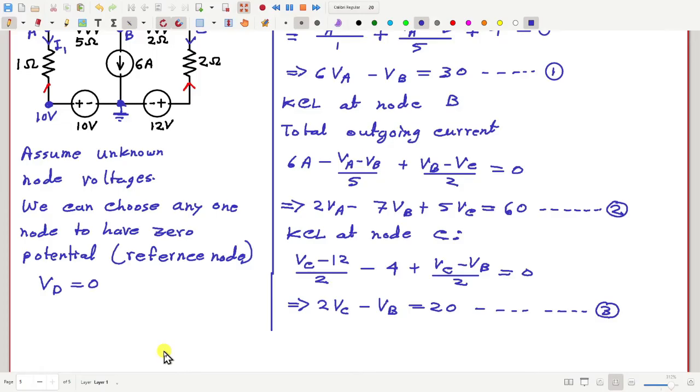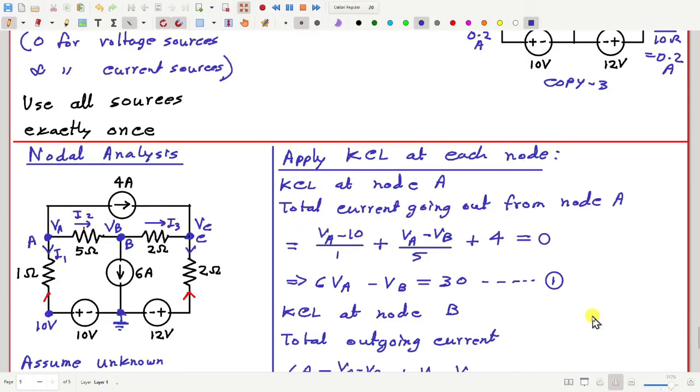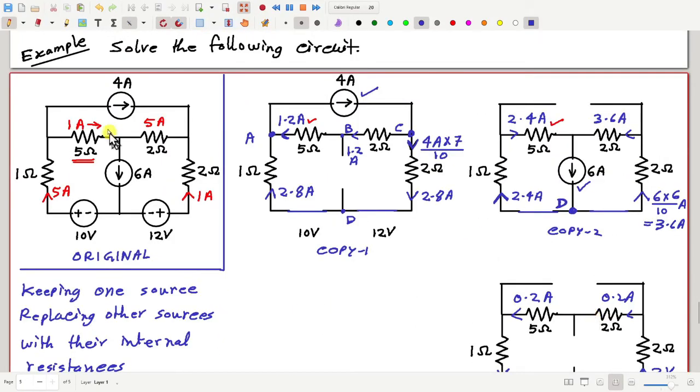Okay, so now we have 3 equations and 3 unknowns. Can you solve it yourself, or do I have to do it? Yes, sir. So solving is your homework. Solve the 3 equations. Anyway, we know the solution because we already did it with a different method, so you can check.